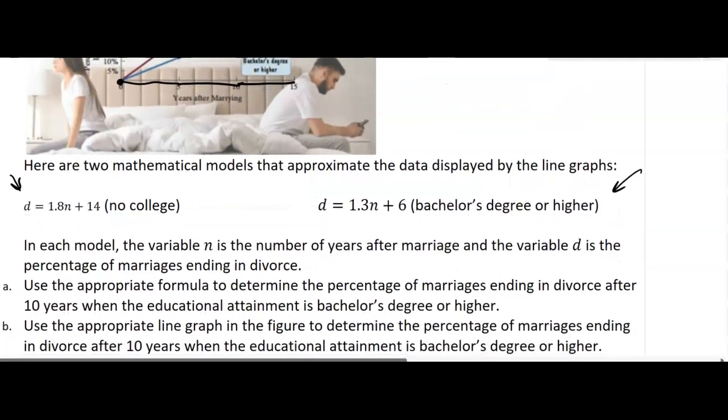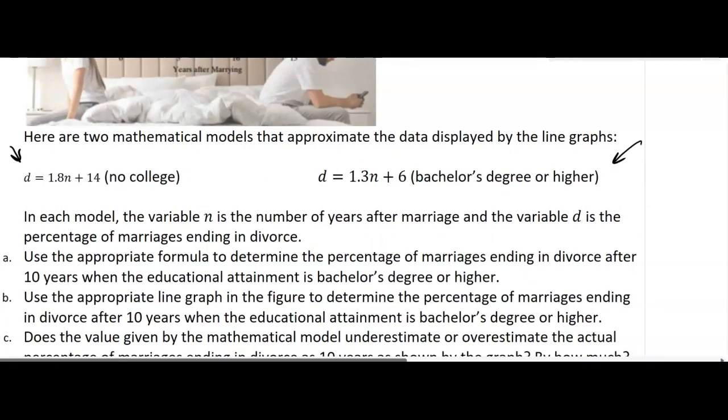In each model, the variable n, they have to tell you what the variables represent. So n, in each of those equations, is the number of years after marriage. So 5 years after marriage, 7 years after marriage, something like that. And the variable d is the percentage of marriages ending in divorce.